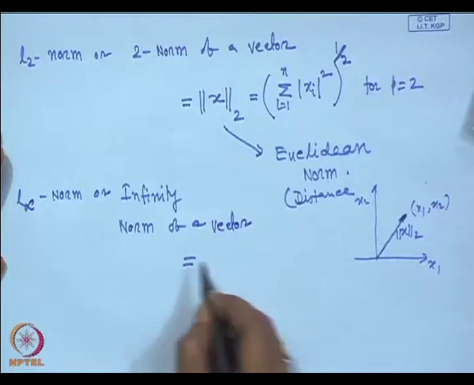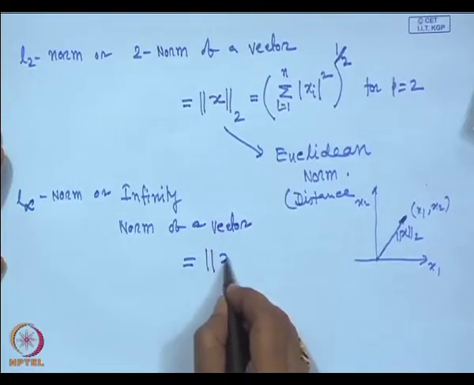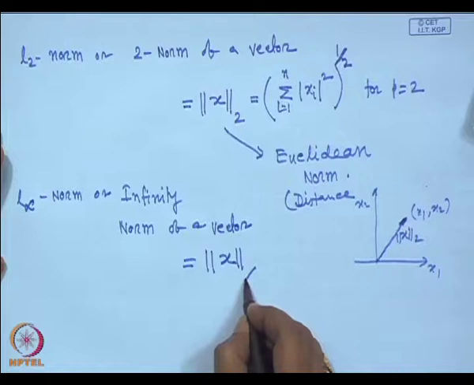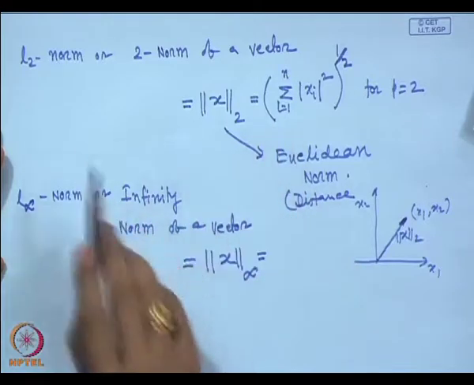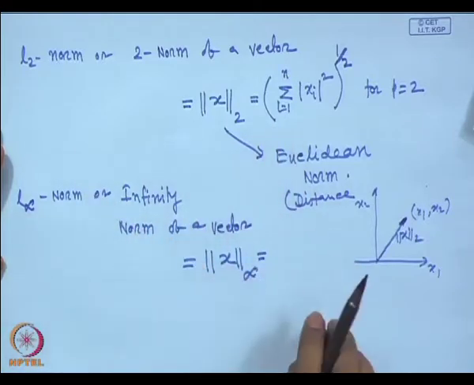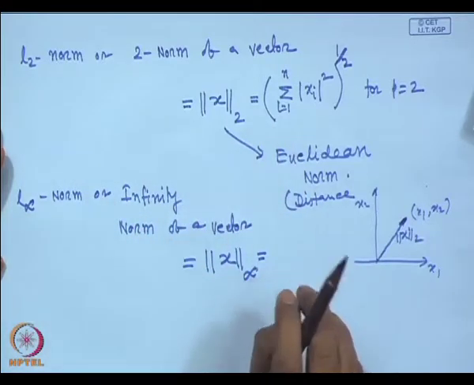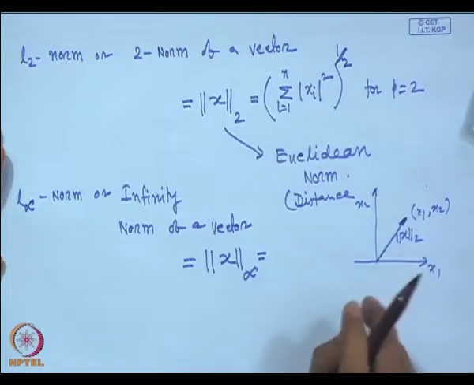What is this infinity? Symbolically, it is represented like this, when p is infinity. That means in the p norm expression, you write x 1 to the power of infinity, x 2 to the power of infinity.